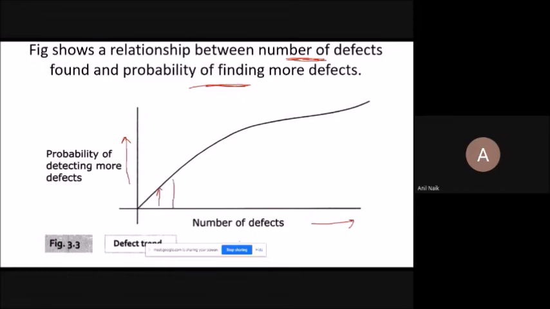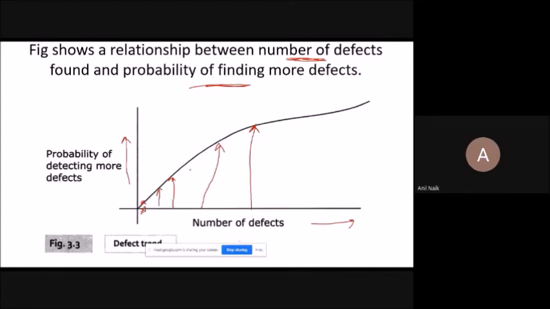As we find more defects, there is a probability of detecting more defects. This is based on the capability of the testing team. As we find more defects, more and more defects will arise. If we find very few defects, then fewer defects will arise.